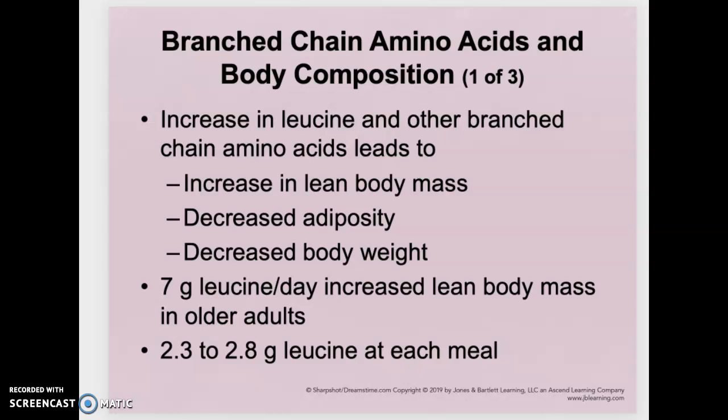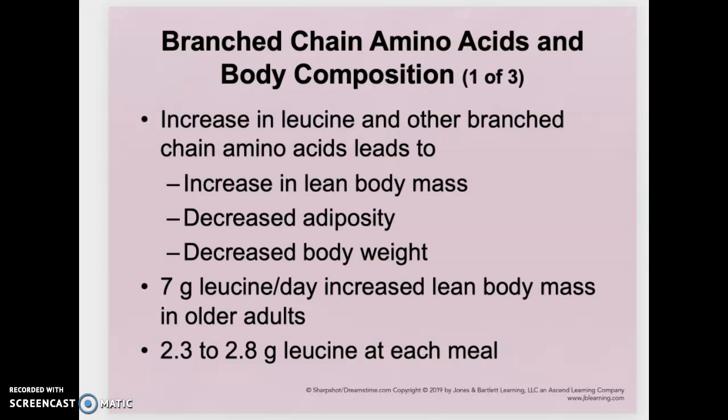Okay, so our branched chain amino acids, this is kind of a hot topic, especially in sports nutrition. And there is some research about branched chain amino acids and their benefits. So our branched chain amino acids are leucine, isoleucine, and valine. There is a good bit of research specifically about leucine among the branched chain amino acids.